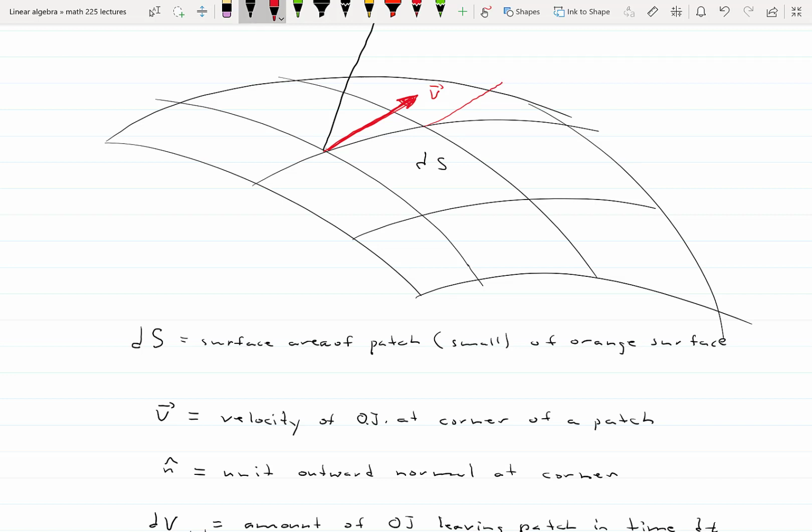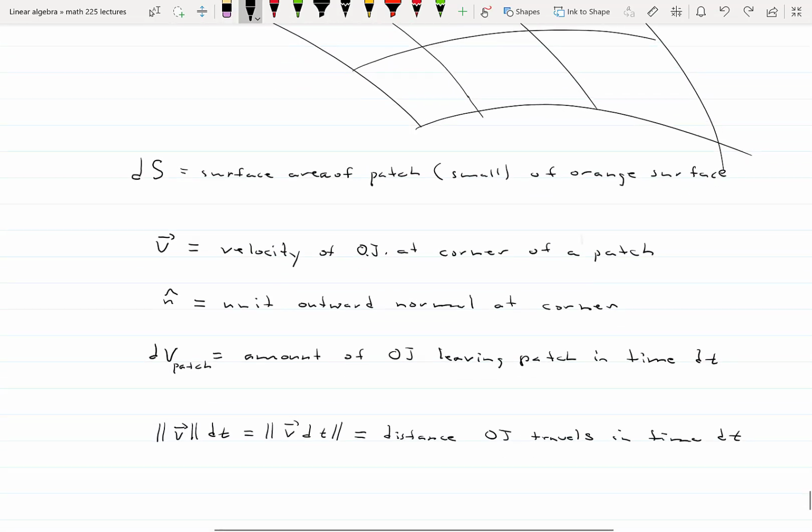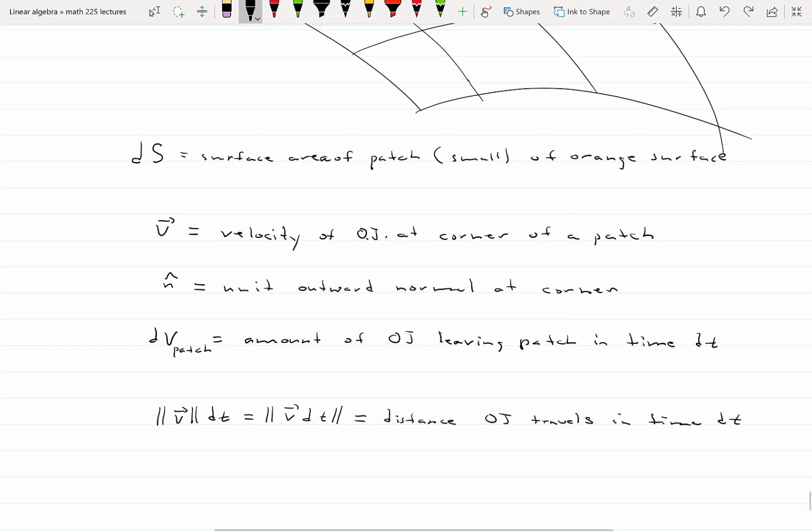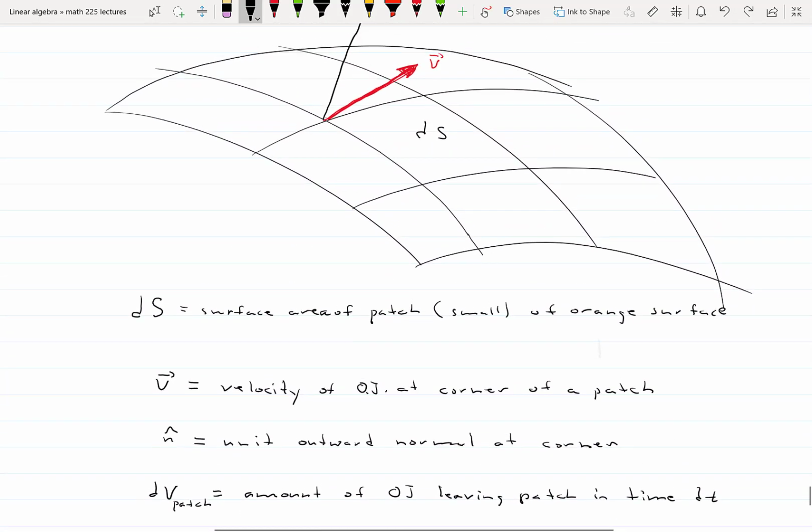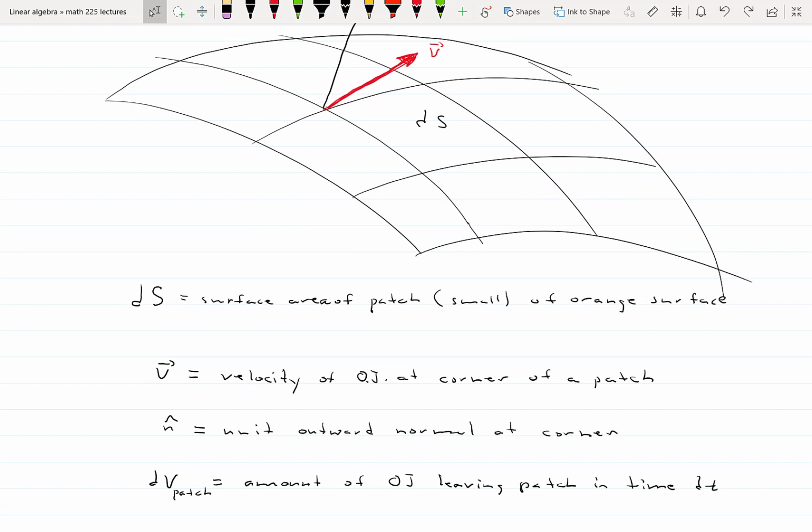Actually, I have to be a little more careful with that. Let me get rid of that dotted line. I need to scale down the velocity vector by dt for the distance that the orange juice travels.